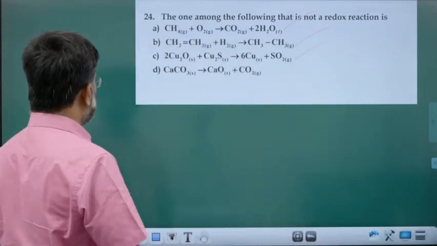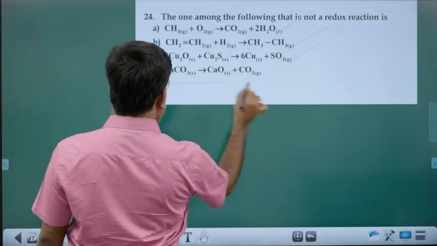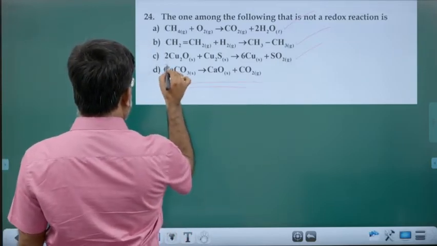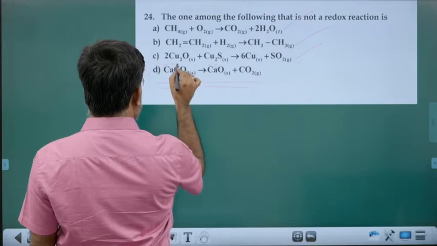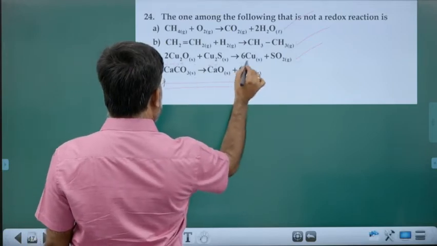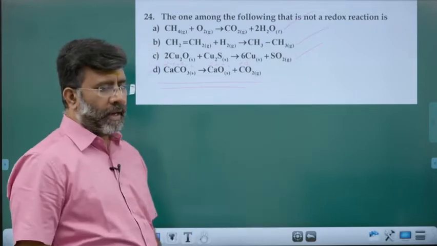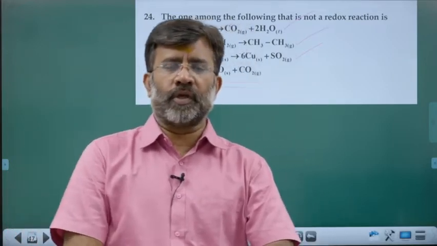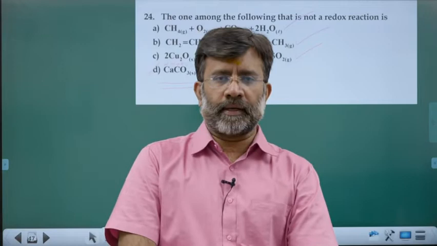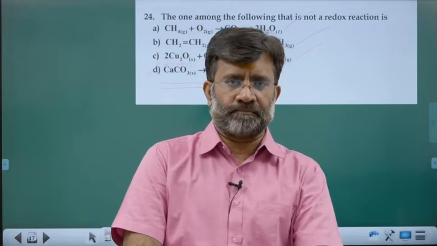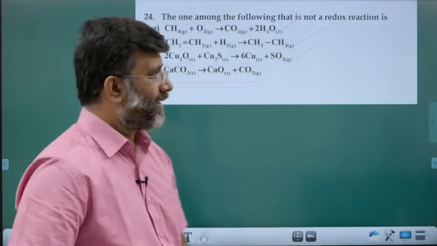Option D, that is the answer. This is not a redox, where you can see calcium 2 plus, calcium 2 plus, carbon plus 4, carbon plus 4, oxygen minus 2, oxygen minus 2. No element undergoes a change in oxidation state. Neither reduction nor oxidation. No change. Next question.